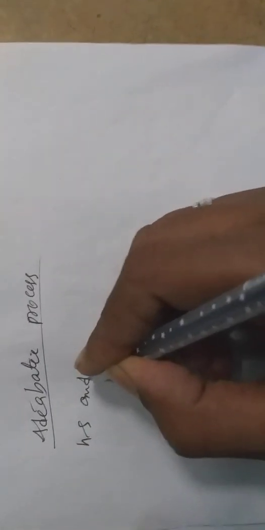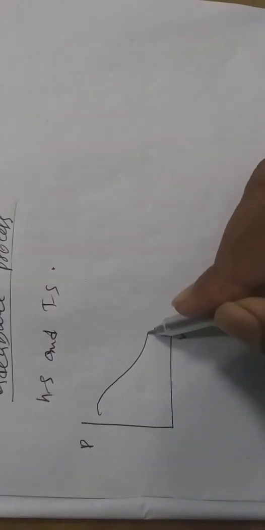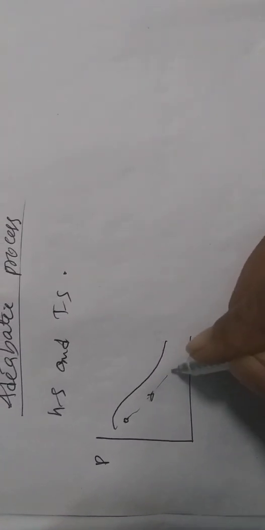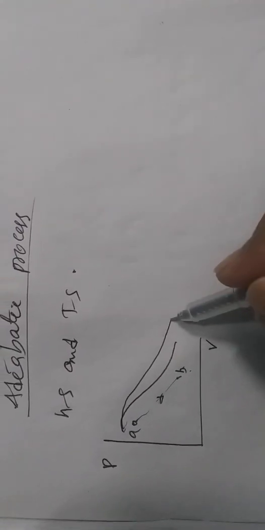HS and TS diagrams. So we draw here. Look at these diagrams. This is the pressure and this is the volume. Here, observe the starting point is like this. This is A and this is B, and an increasing line like this.